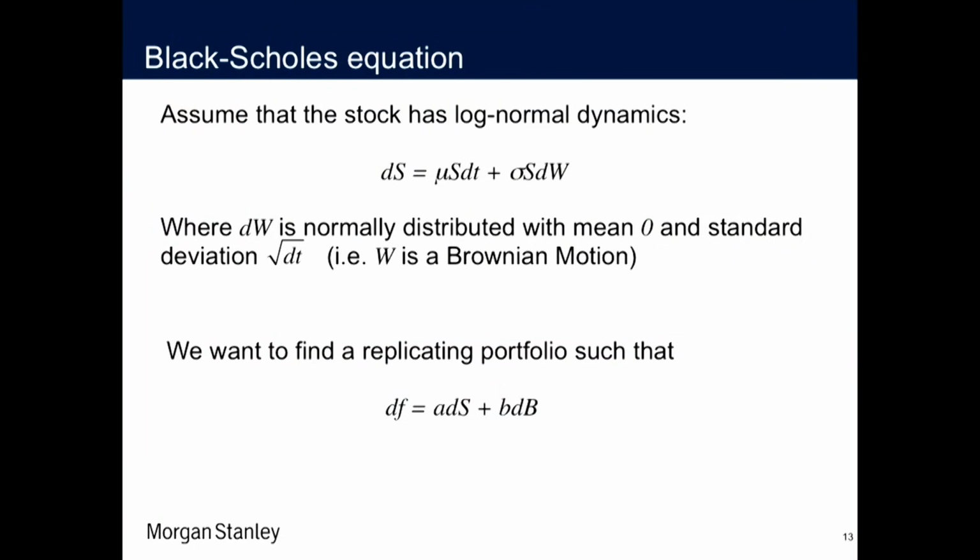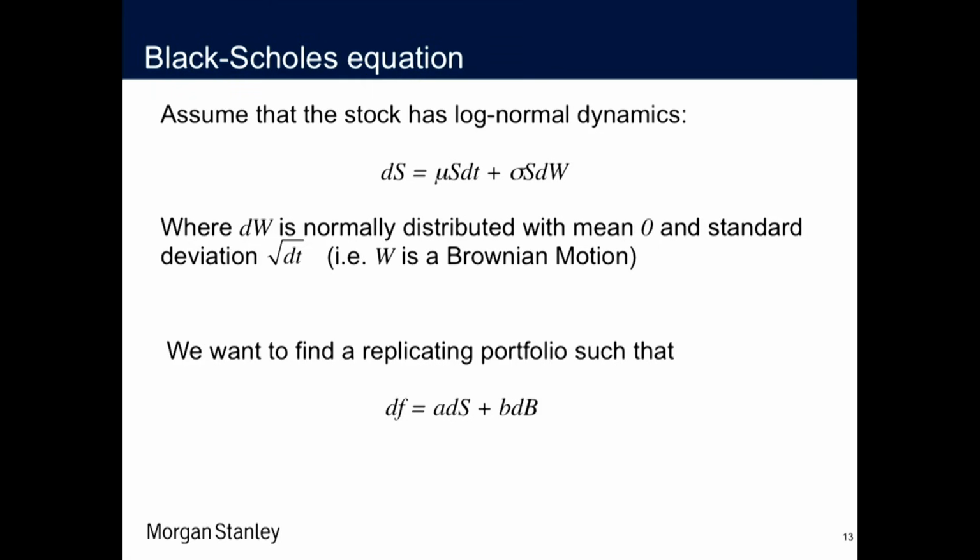Now let's get into the continuous world. In the continuous world, we will need some assumptions on the dynamics of our underlying stock. Let's make an assumption that it is log normal. What does it mean that it's log normal? It means that the proportional change of the stock over an infinitely small amount of time dt has some drift mu and some stochastic component, which is just Brownian motion.